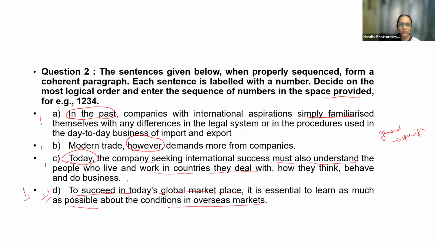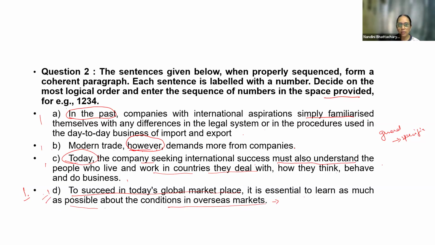Now, if this goes in first, what comes after that? It's talking about to succeed in today's marketplace, it is essential to learn as much as possible about conditions in overseas markets. So obviously, if we look at these sentences, there's a comparison. And modern trade, however, demands more from companies.